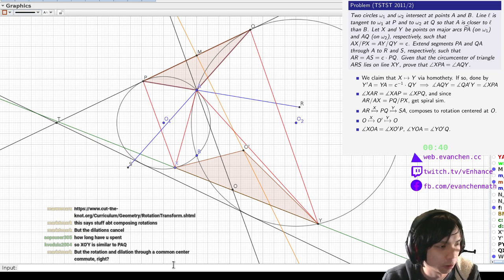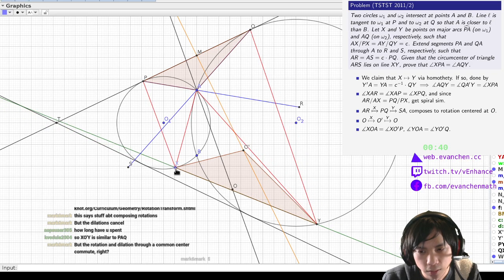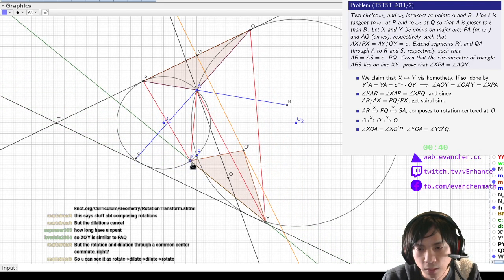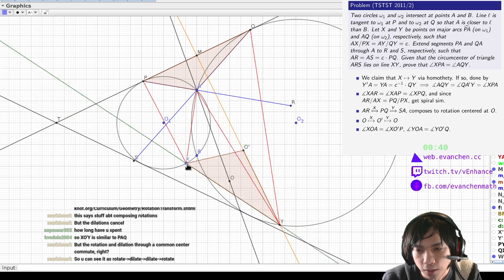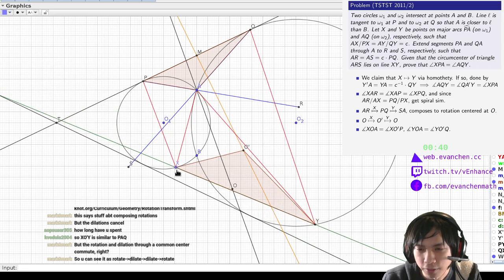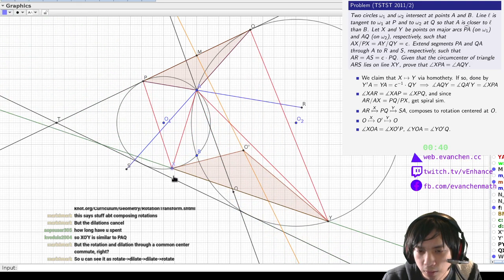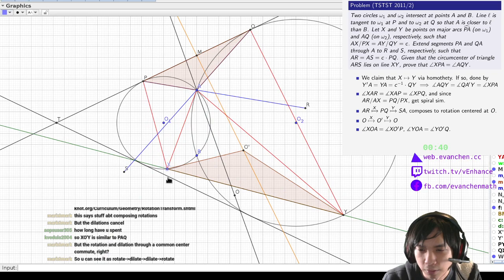And X does not equal Y. Actually, is XO prime Y always similar to... No, it's not.